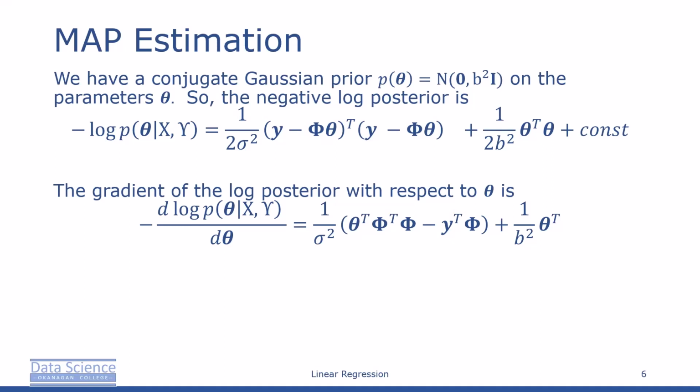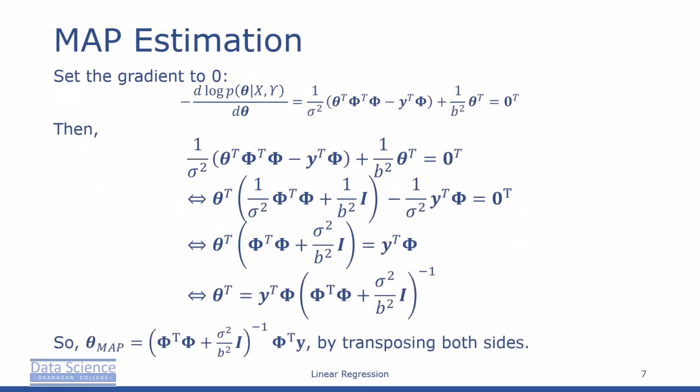The gradient of the negative log posterior with respect to the parameters theta is then given by negative the derivative of log of P of theta given X and Y, which is equal to 1 over sigma squared times theta transpose Phi transpose Phi minus y transpose Phi plus 1 over b squared theta transpose. To find the MAP estimate theta MAP, we take the gradient, set it equal to 0, and solve for theta MAP.